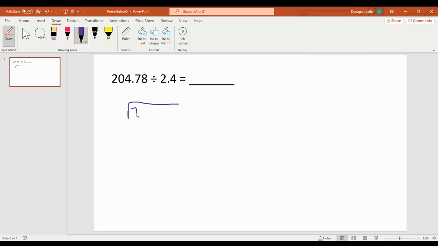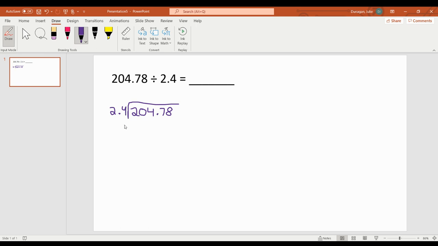Okay, we're going to put our numbers on the inside. 204 and 78 hundredths. We are dividing that by 2 and 4 tenths.